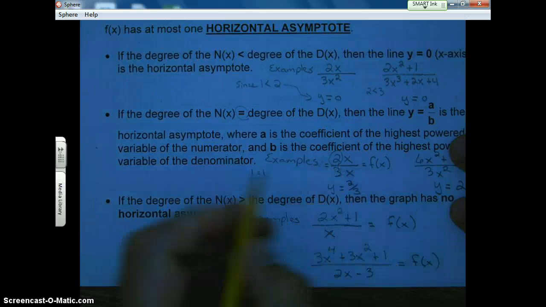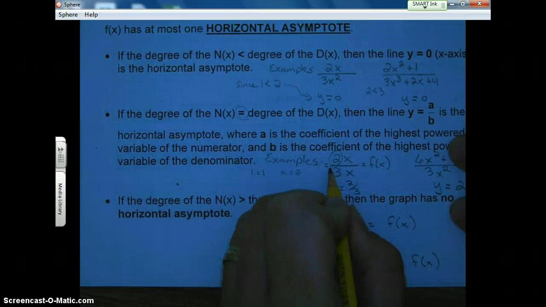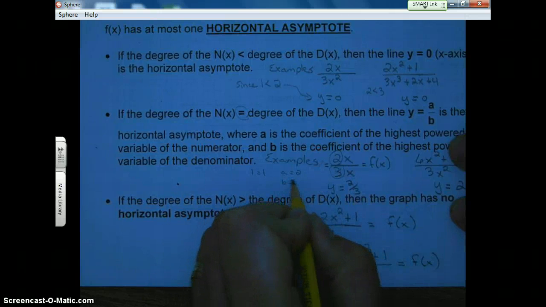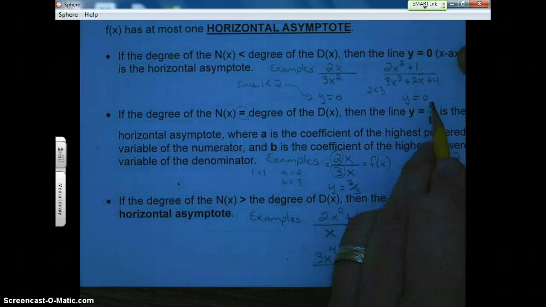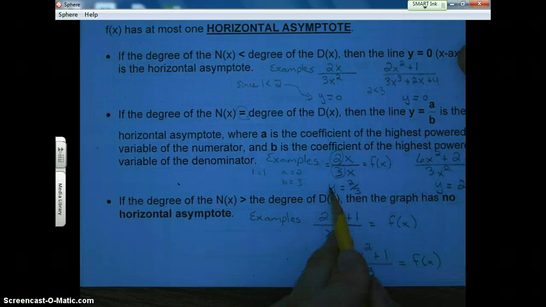That's going to be a, so a equals 2. And the coefficient on the denominator, so b equals 3. And we plug those in for a and b. So our horizontal asymptote will be y equals 2 over 3.